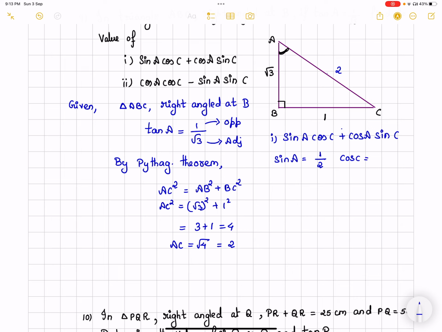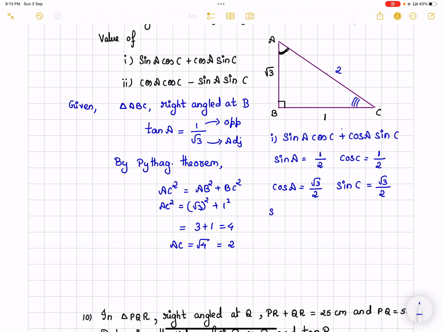For cos C, adjacent side is 1 and hypotenuse is 2. And then cos A, adjacent side is root 3, hypotenuse is 2. And then sin C, opposite side is root 3, and hypotenuse is 2. We found out all those details. Now we need to just substitute it in the question.